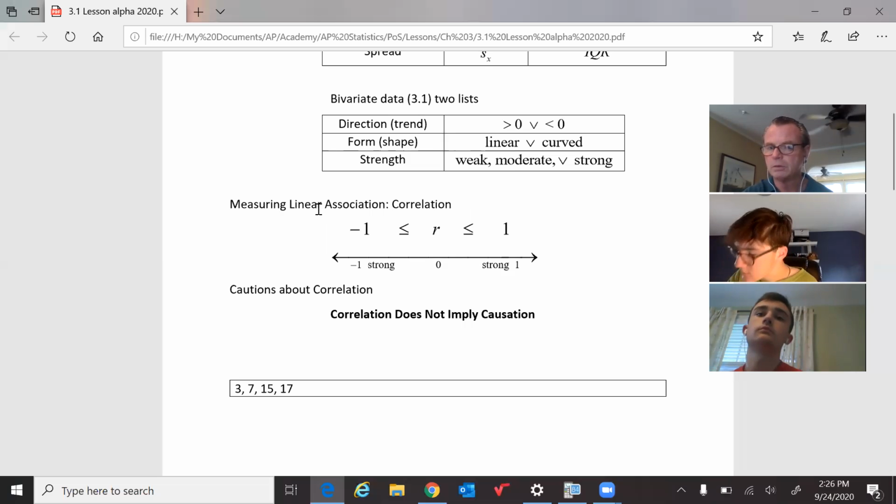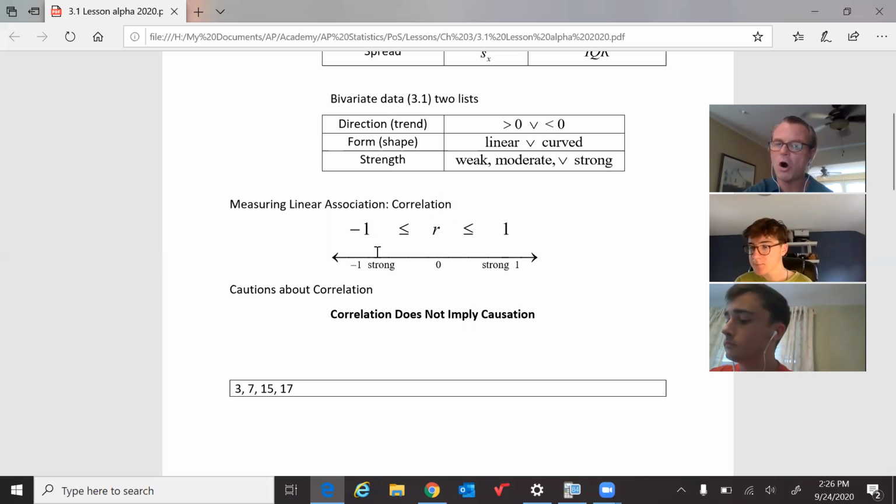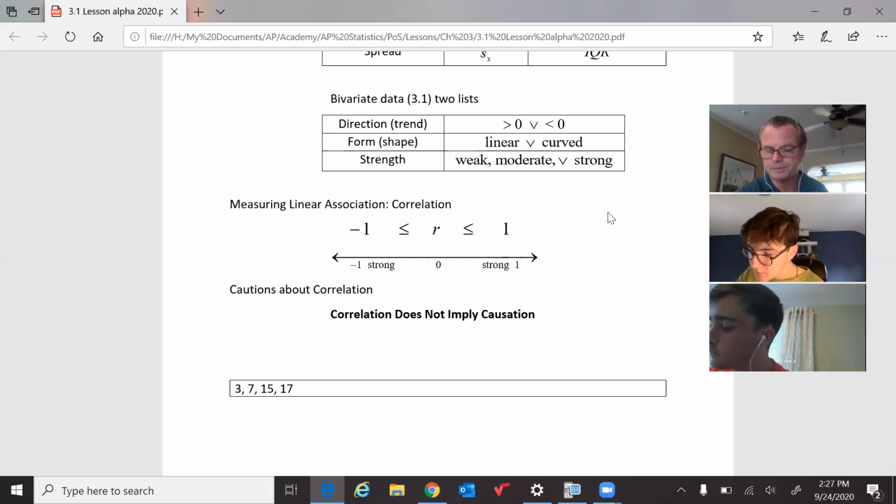So if it's linear and the slope is positive, R will be positive. If the slope is negative, R will be negative. So if you got a question that said, what's a higher correlation? -7/10 or +6/10?